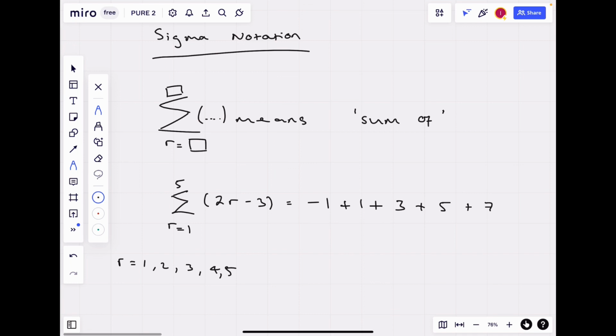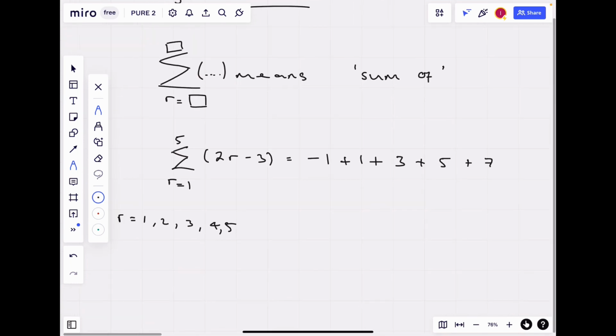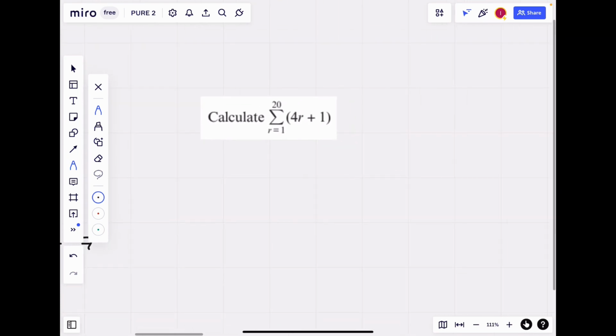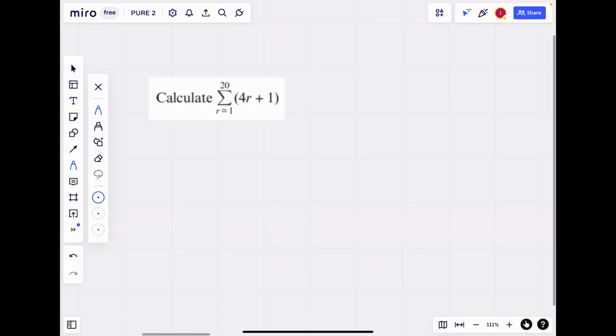Okay, so the general formula for sigma is r equals 1 and then n here. Cool. Let's have a look at something like this. You have r equals 1 and then the upper limit is 20.